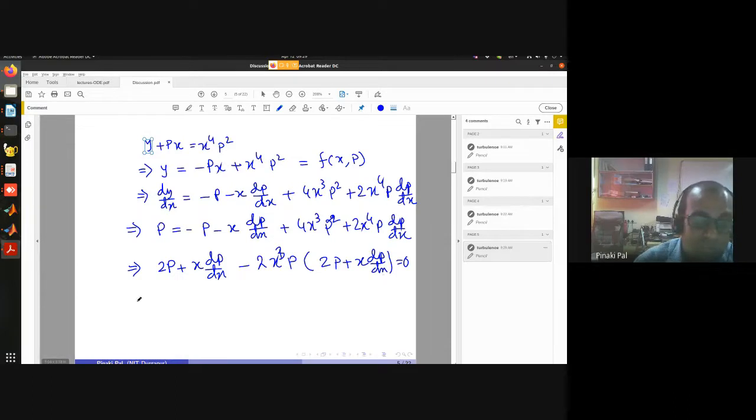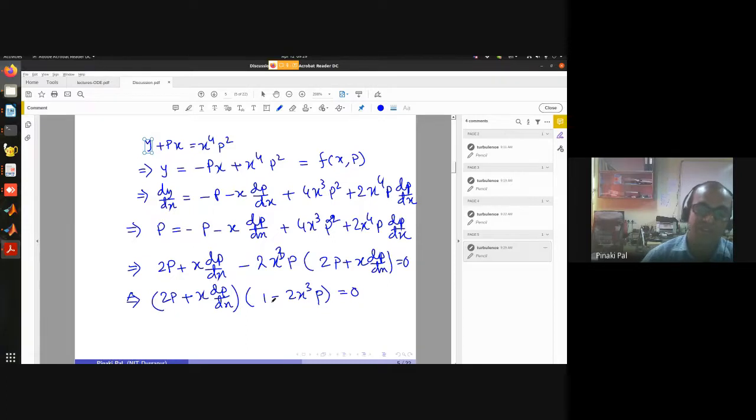Now you can solve it for p. So 2p plus x dp/dx, we can take common, and we will get (2p plus x dp/dx)(1 minus 2x cube p) equal to 0.